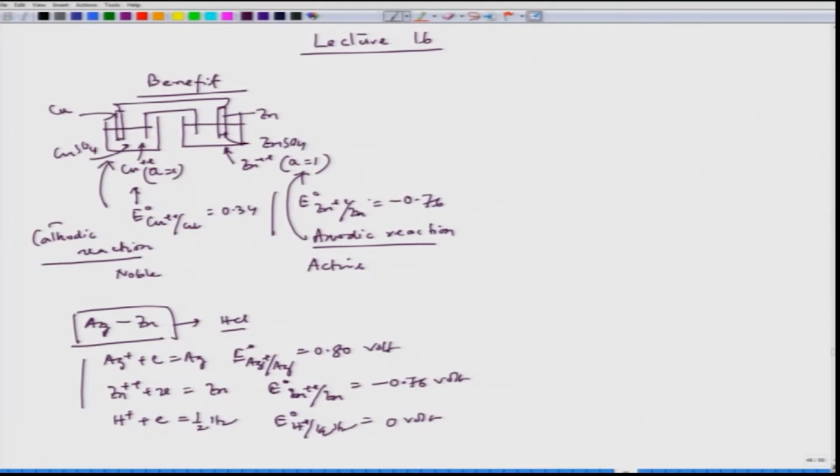From the standard reduction potentials we can make out that this one is lying in between. So, I can have this reaction and this reaction. So, we can have H2 evolution and zinc dissolution.